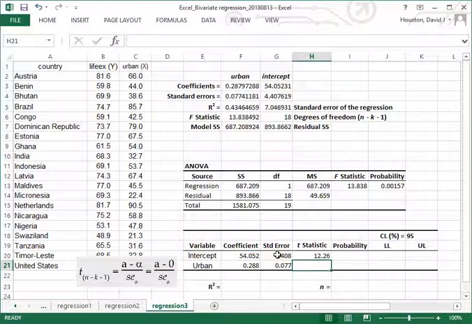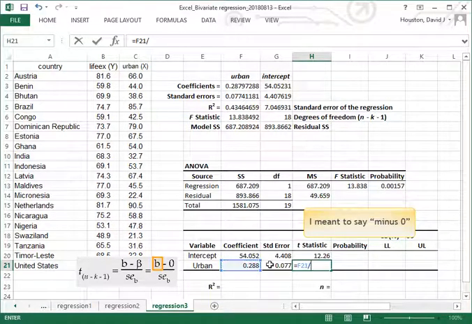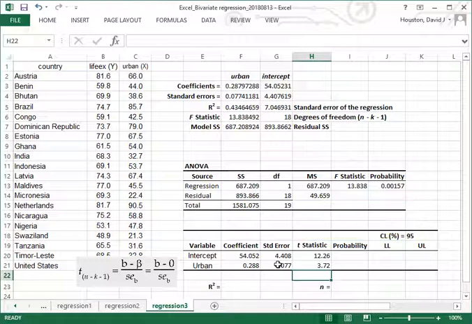And implicitly what I'm assuming here is that our null hypothesis is that the intercept, and we'll see in a moment, the regression coefficient in the population from which the sample was drawn is equal to 0. And we'll do the same process, taking the coefficient, minus 0 technically, divided by its standard error. And it's minus 0 because we're assuming it comes from a population where the regression coefficient is 0.